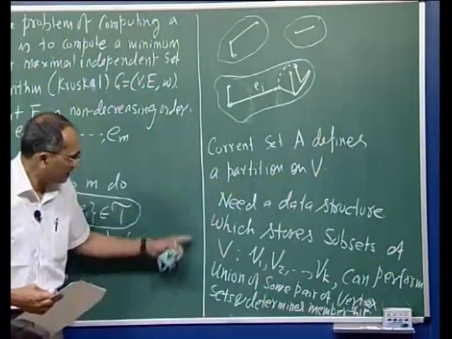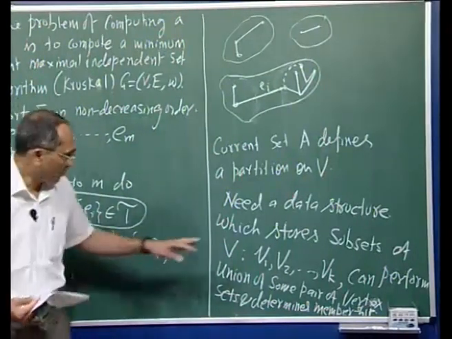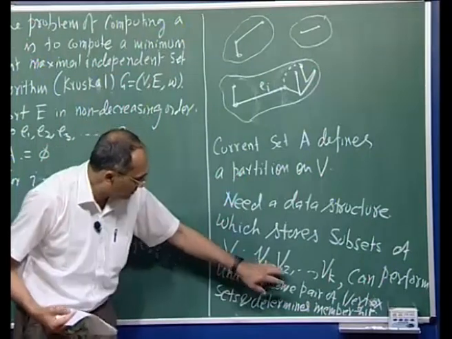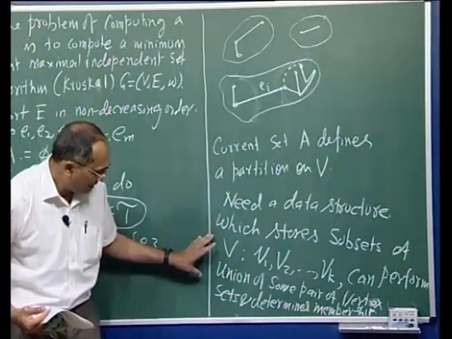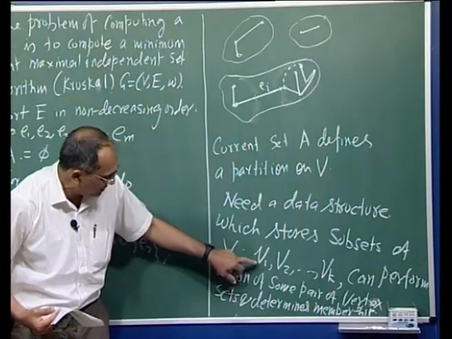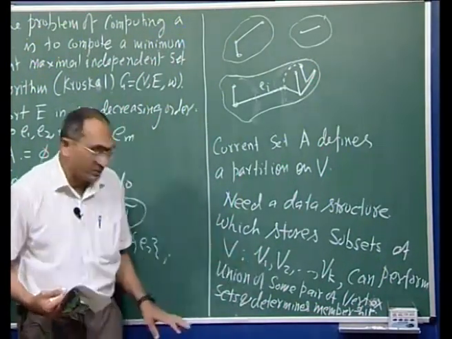These are the tasks that this data structure has to do. It should be able to store a partition, should be able to perform union of any pair, and then given a vertex, it should be able to tell us which part that vertex belongs to.